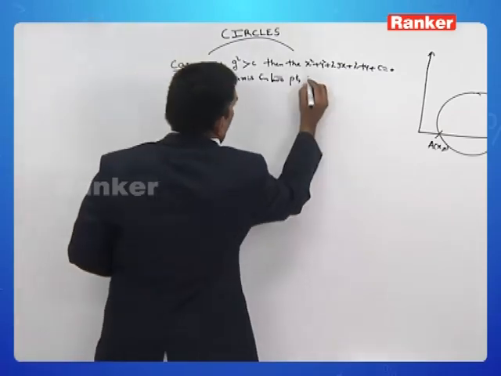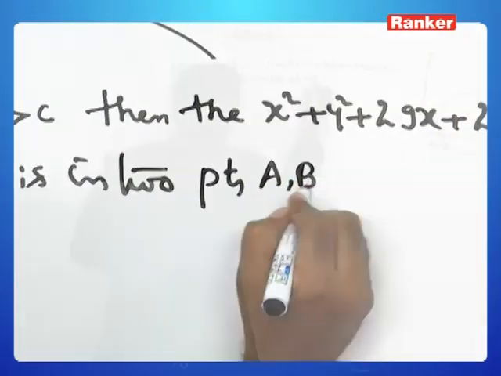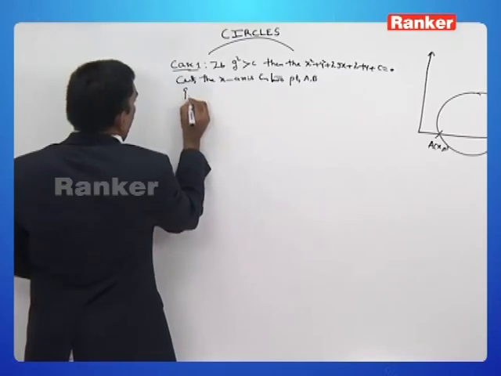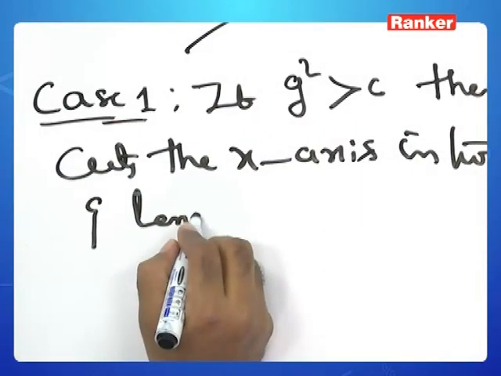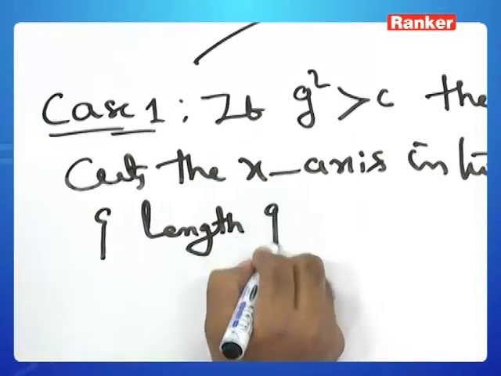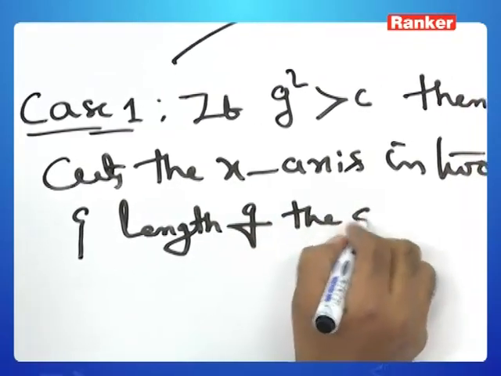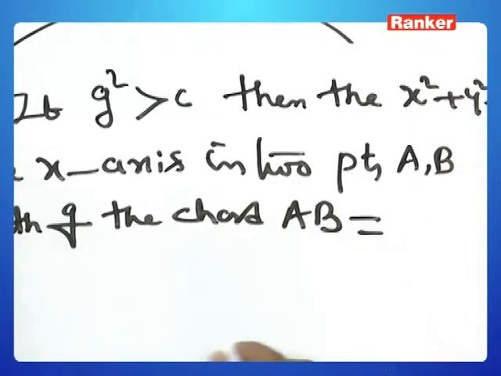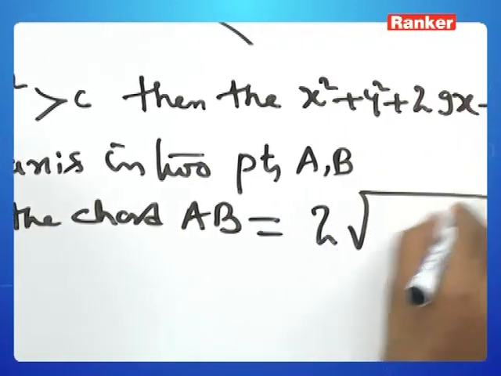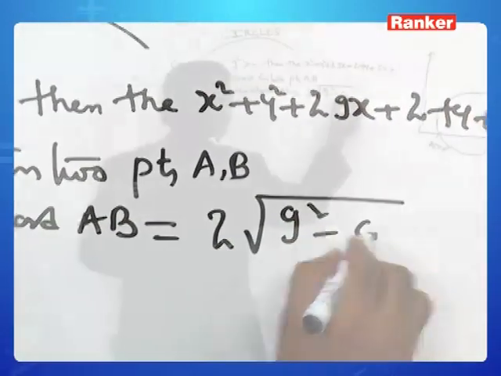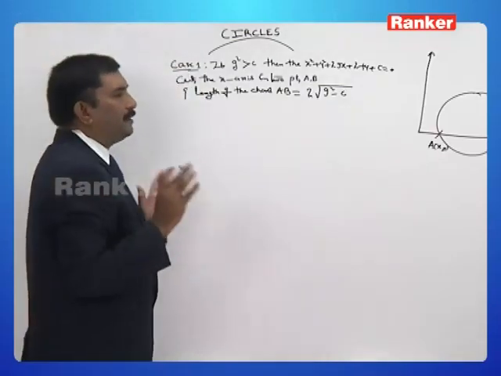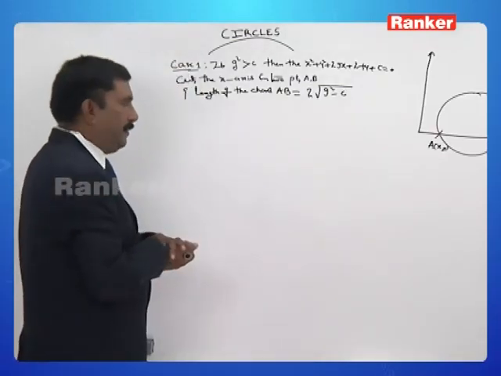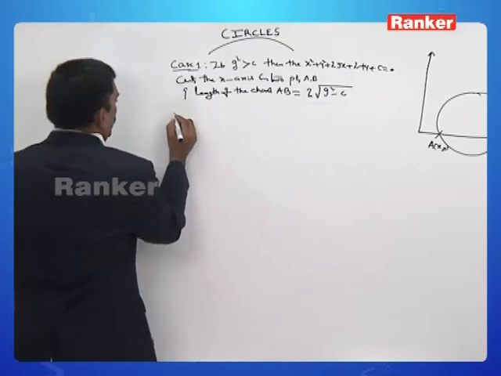They are A, B, and the length of the chord AB is equal to 2 into square root of g square minus c. This is when g square is greater than c.